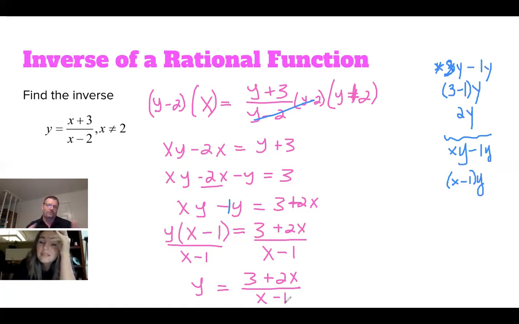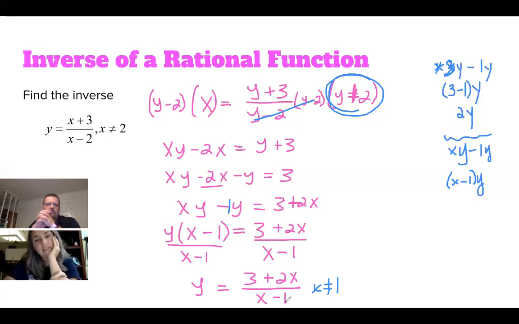So y equals 2 is a horizontal asymptote for this function, which we pre-found at the very beginning when we rewrote. It still bears itself out in the equation. We might also mention that this function has a restriction at x equals 1. Okay, so I think that takes care of all of that.